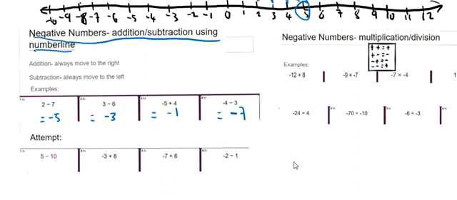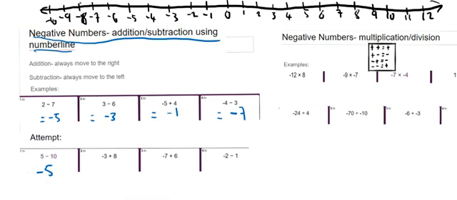So 1, 2, 3, 4, 5, 6, 7, 8, 9, 10, and I get to minus 5. So minus 5 is my answer there, and I recommend just using the number line nice and slowly, just counting one by one on it until you get a little bit more comfortable, and then you'll see some shortcuts that kind of happen with negative numbers.